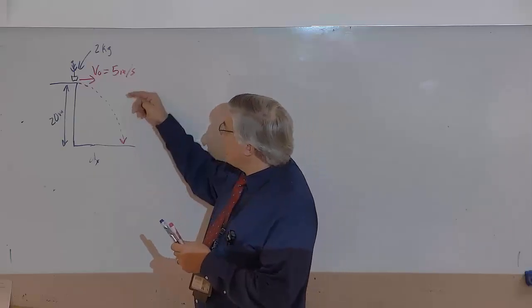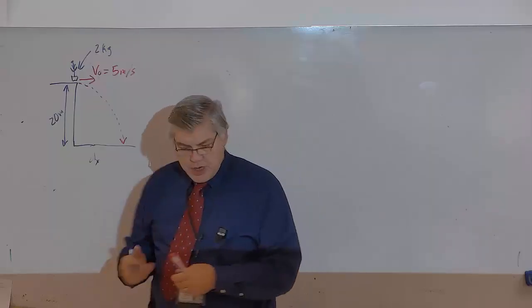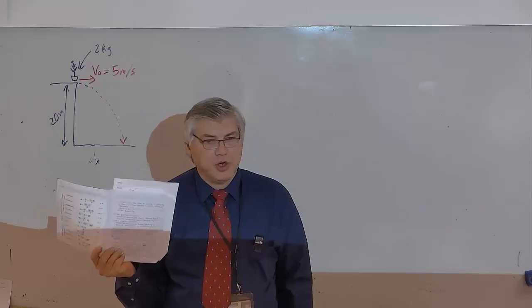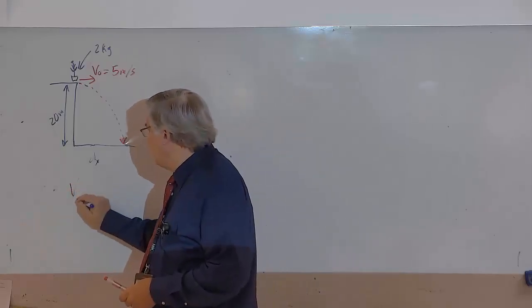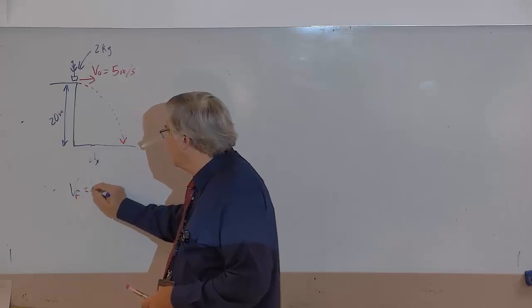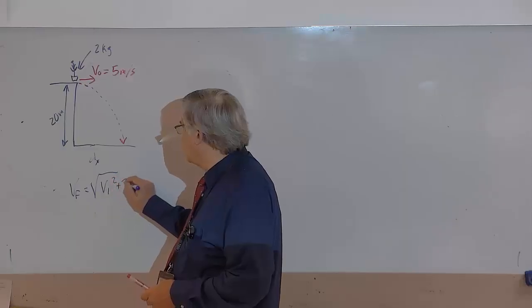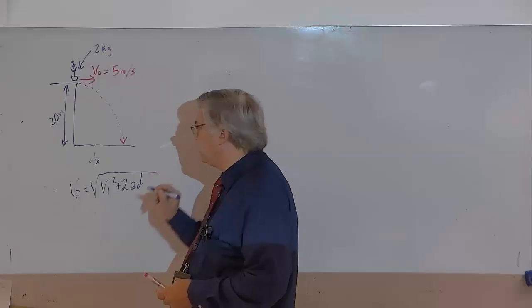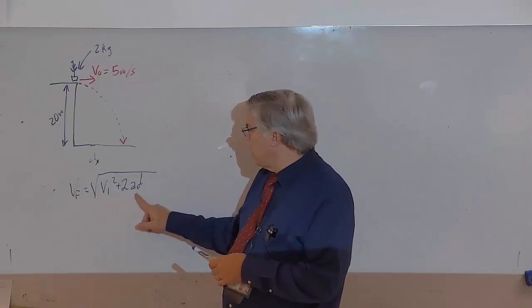If I want to find out what its vertical velocity is, there's an equation, and it's on page 14, way back when we did kinematics in your journal. So in that equation, we say that VF is equal to the square root of VI squared plus 2AD.